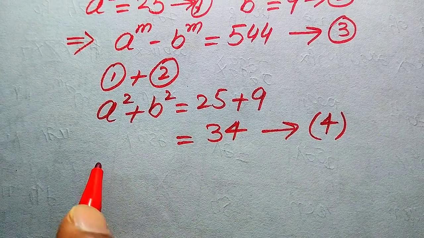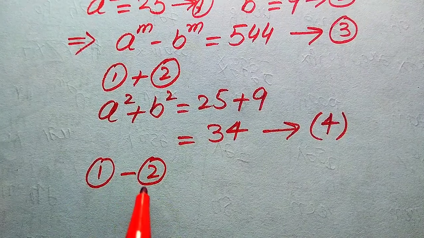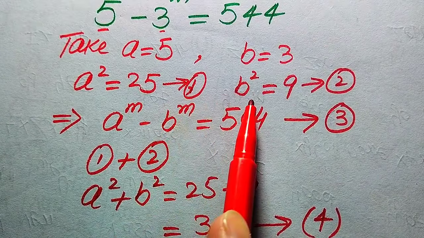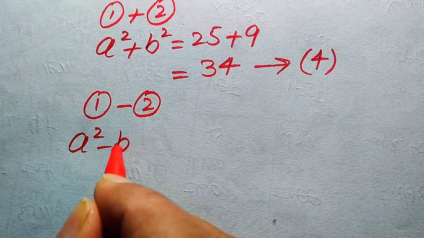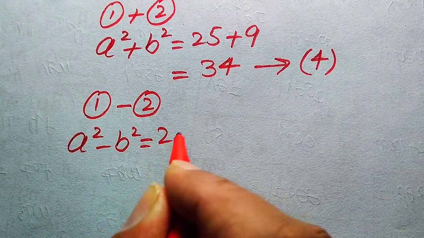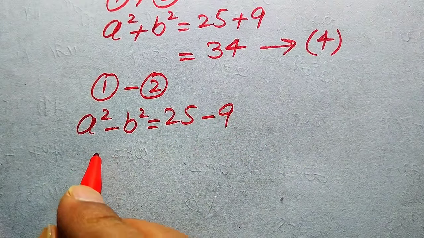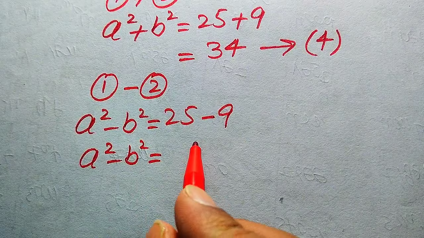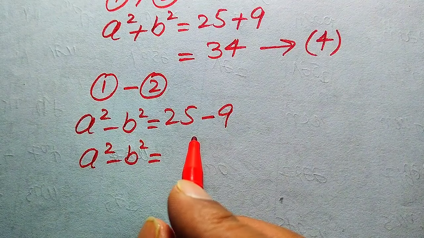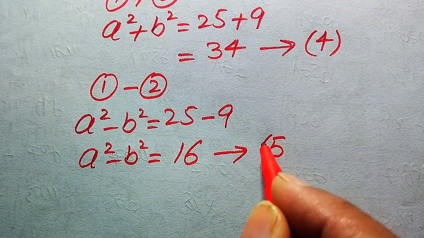Similarly, we need to subtract equation number 2 from equation number 1. So a square minus b square equals 25 minus 9, and we know that 25 minus 9 is equal to 16. We call this our equation number 5.